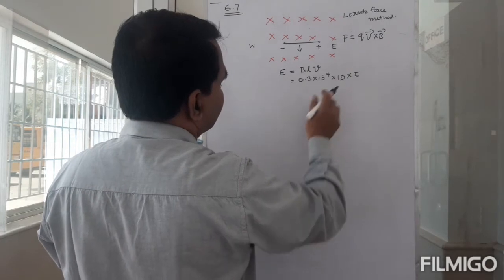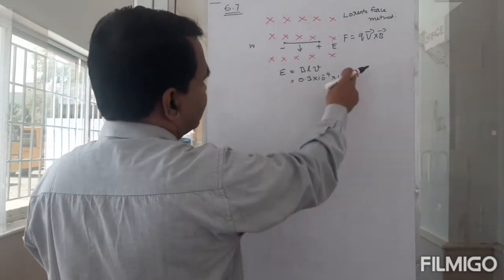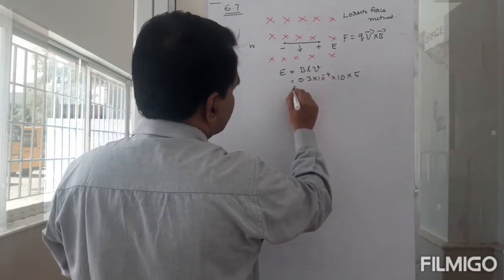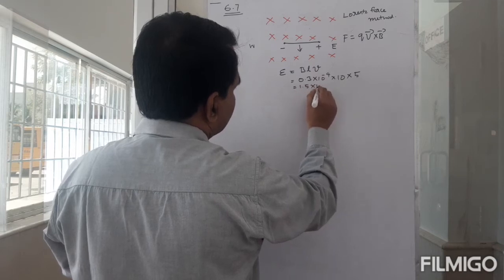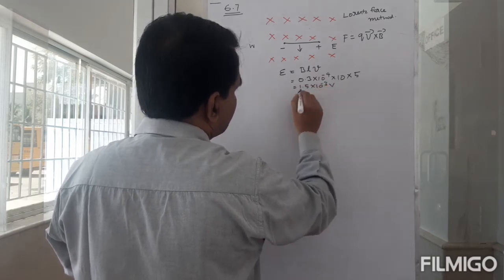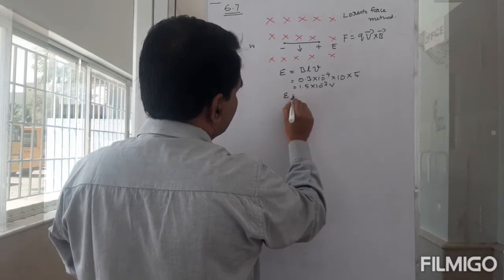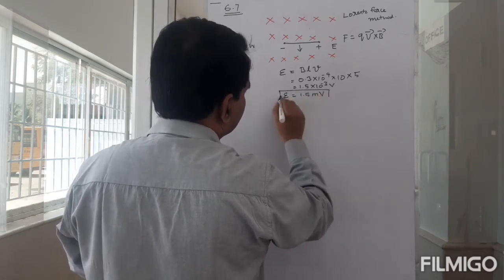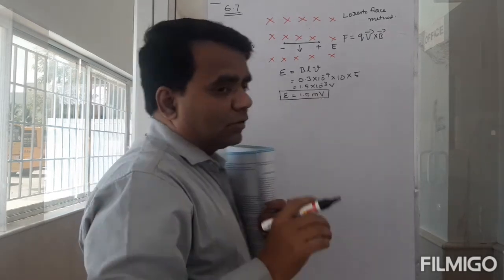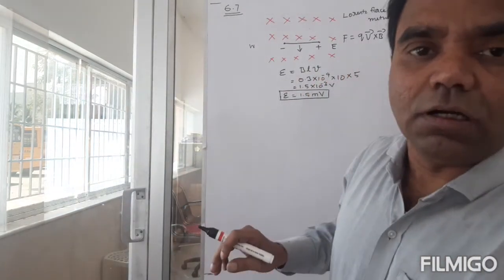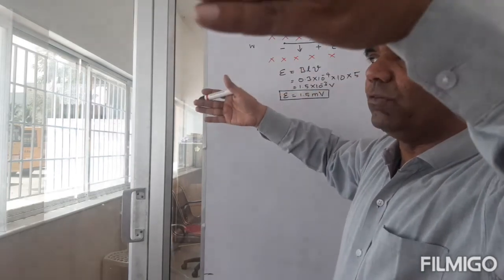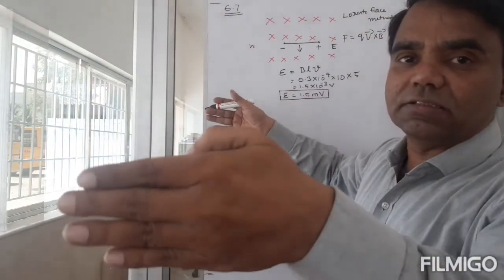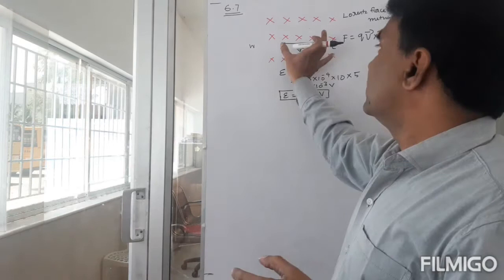So if you do that, it will be 3 into 5, 15, 10 power minus 4, so that will be 1.5 into 10 power minus 3 volt. So you will have an EMF of 1.5 millivolt, a potential difference of 1.5 millivolt at the two ends of this wire.